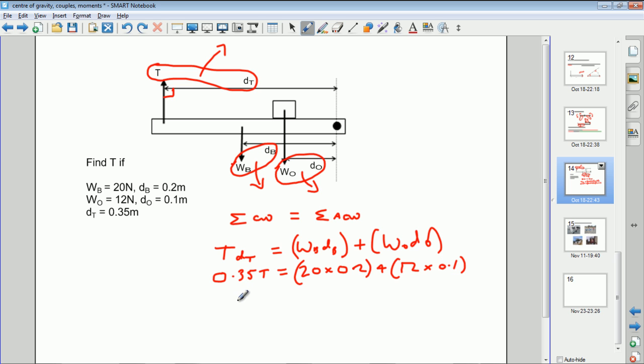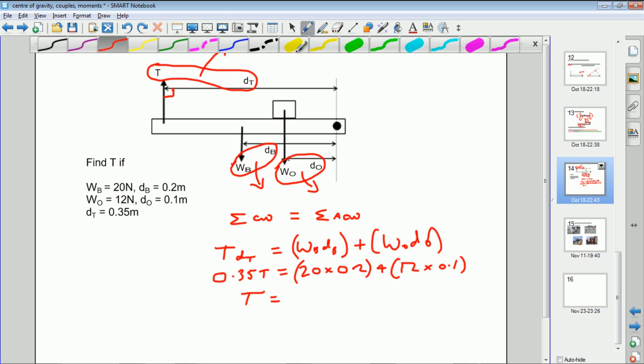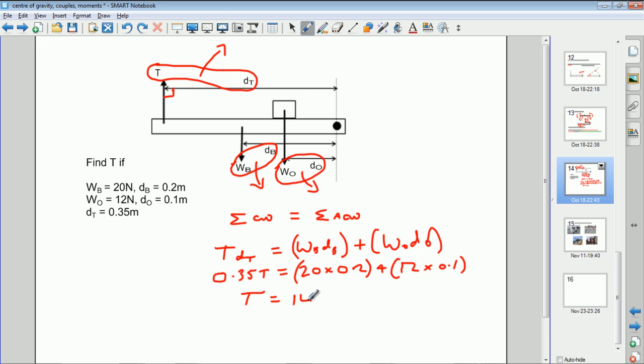So then we can divide through by the 0.35 there to give us T, and when you do the arithmetic on that one, you get an answer of T equals 14.9 newtons to three significant figures.